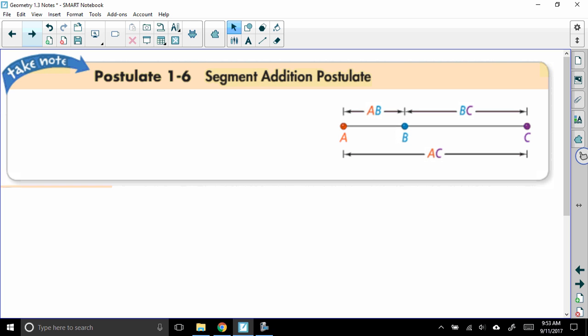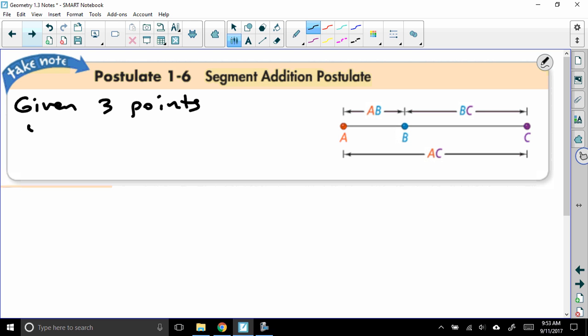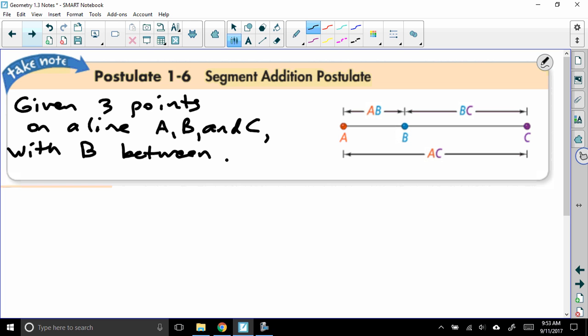The segment addition postulate says, given 3 points on a line, now we could call that line AB, we could call that line AC, but given 3 points on a line, A, B, and C, with B between A and C, the following is true. Now this is talking about the addition of a segment.